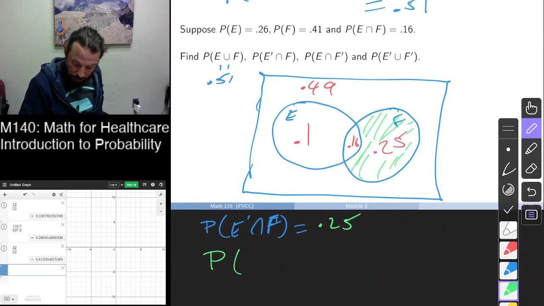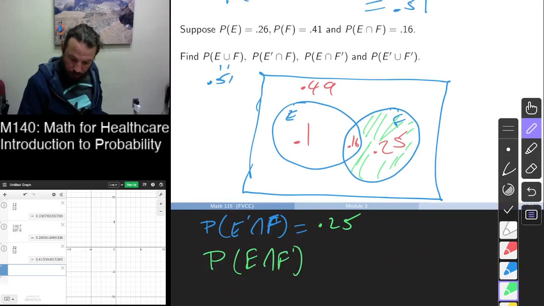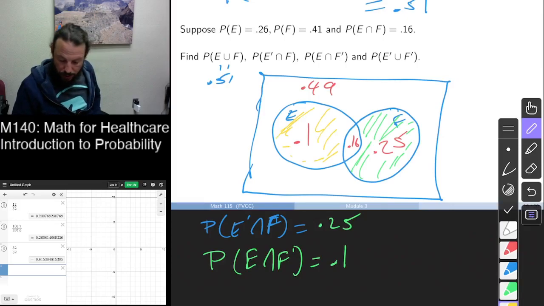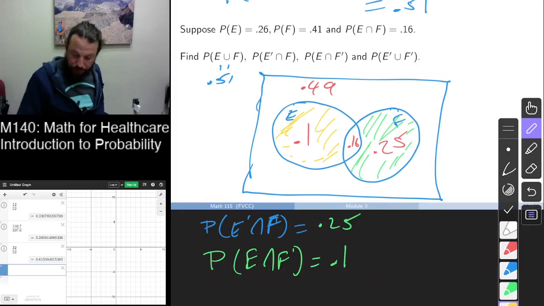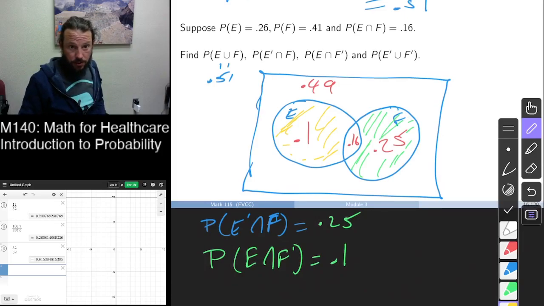Similarly, the probability of E intersect F complement is going to be that 0.1. Over here, that's that yellow area. And then the probability of E complement union F complement. I think the easiest here is to use De Morgan's.